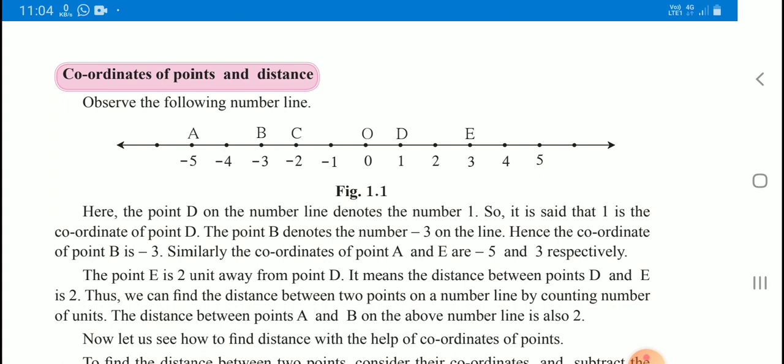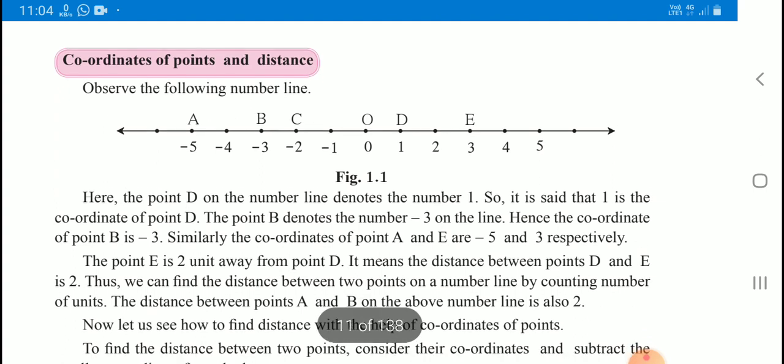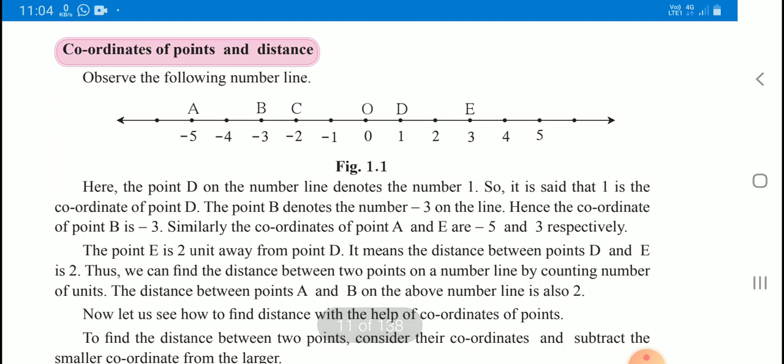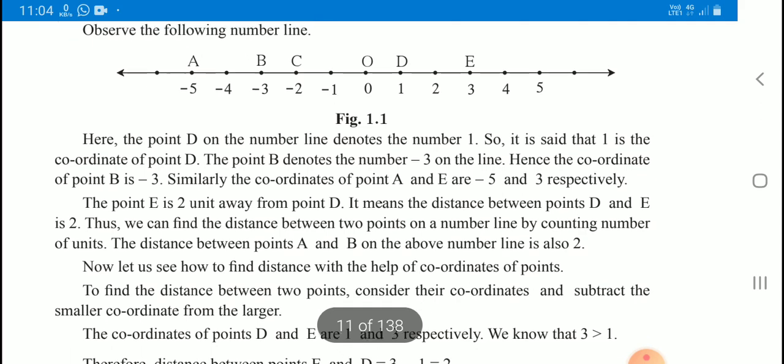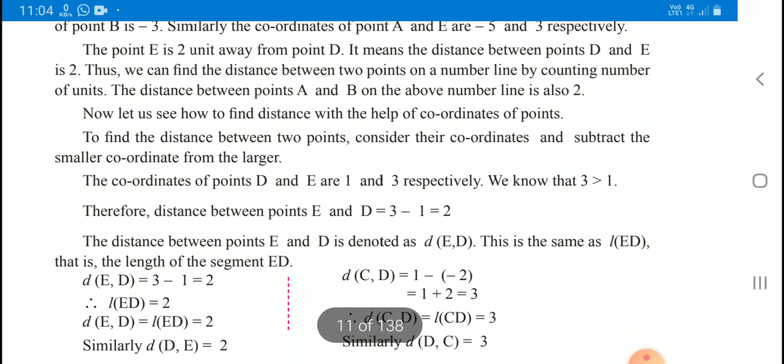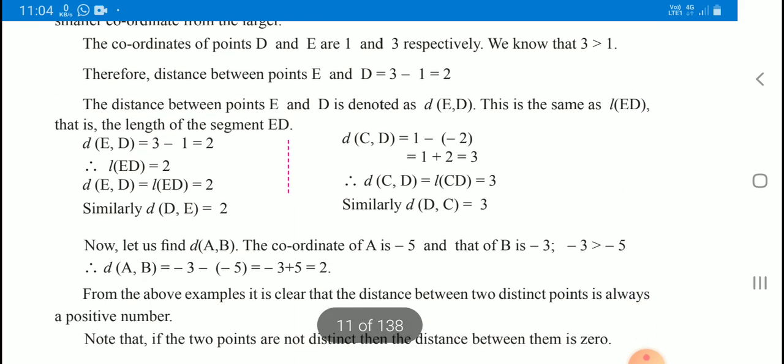So 1 is greater than negative 2. So we will subtract the smaller number from the greater number. So 1 minus negative 2. So minus minus will become plus. So 1 plus 2 is equal to 3. So the distance between the points C and D is 3.